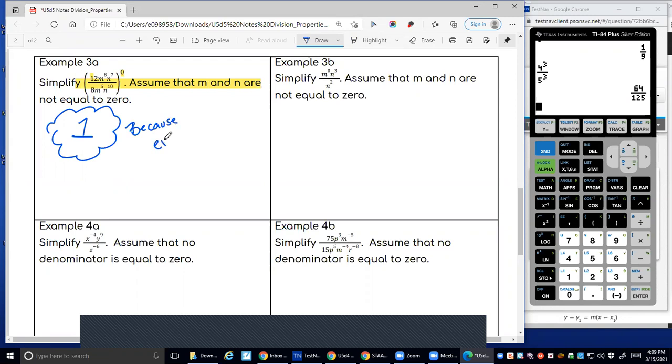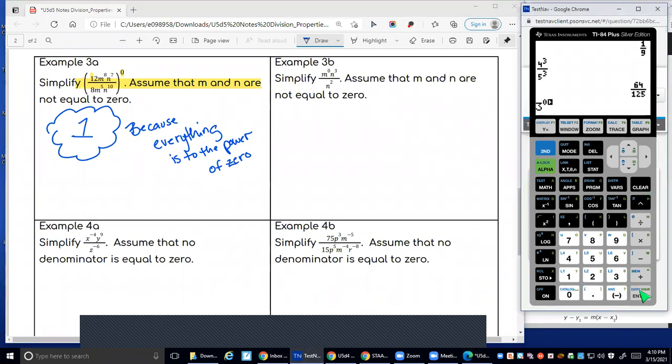Wait, why is it not 0 again? Well, hold on, let me finish my thought here. You can always test it out. If you forget the rule, you can always say 3 to the power of 0. I'll tell you it's 1.